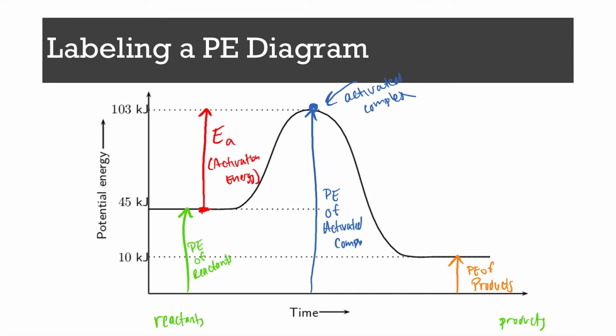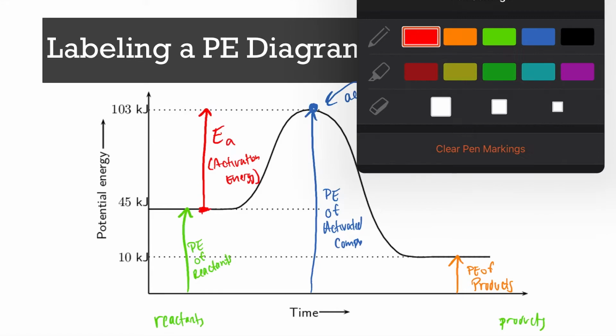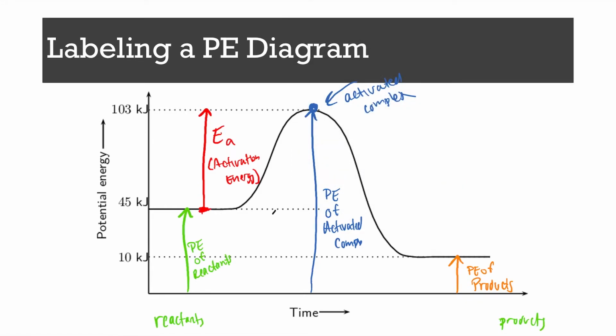So that is the activation energy. And the last thing we need to talk about is the difference in between where you start and where you end, so that middle section. And that is your delta H. So these are the 5 things you need to be able to label on a diagram.